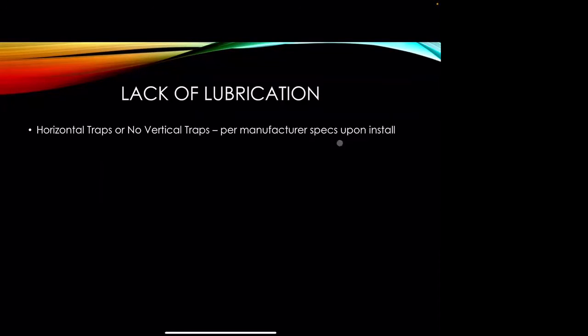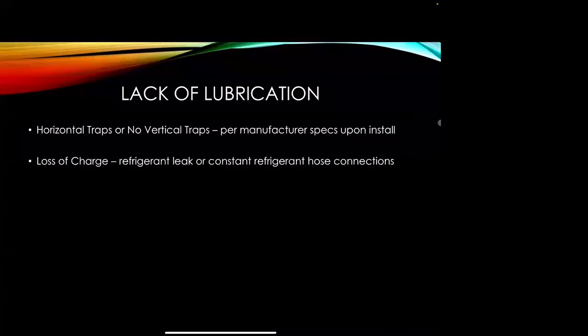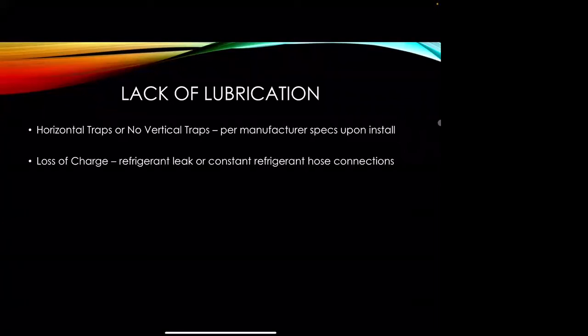Read that fantastic manual. Loss of charge. If we see that there's been refrigerant added to a system before, let's not just keep adding refrigerant. Let's actually find the leak if there is a leak. Or it could be due to us constantly connecting refrigerant hoses to the system.